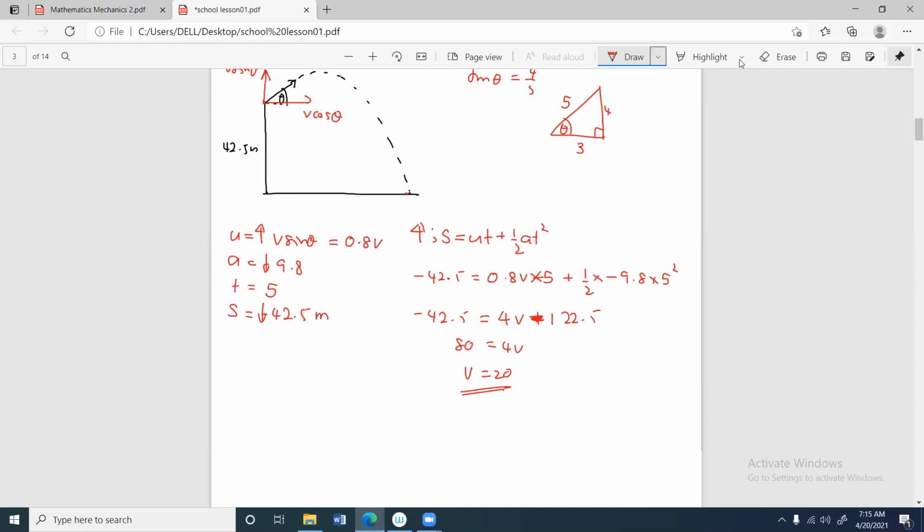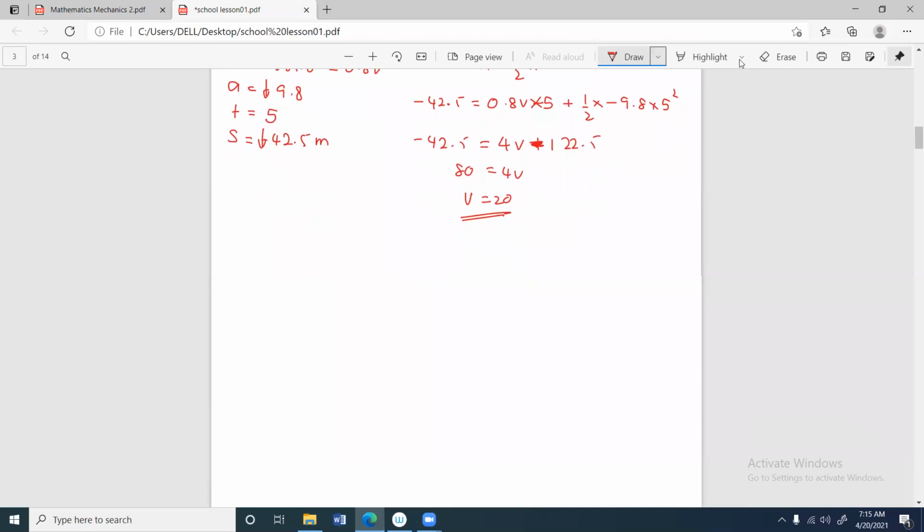That's how it comes. Then the next thing they are asking is to find the distance from O to A. First we need the horizontal range. Horizontally, we assume there is no acceleration or deceleration. We can simply apply ut. That is 20 cos theta times the time, which is 5. Cos theta is 3/5, that is 0.6, into 5.